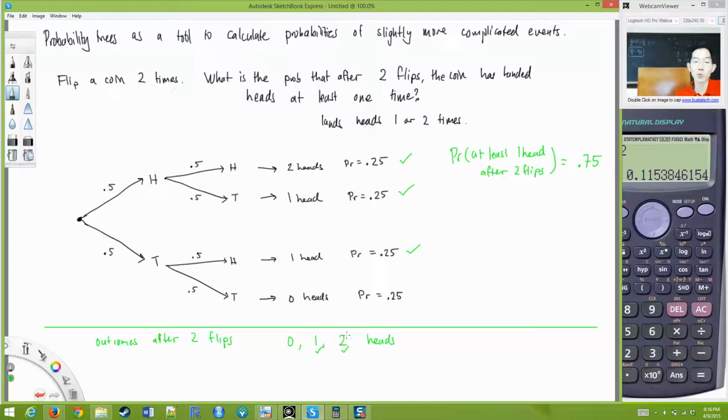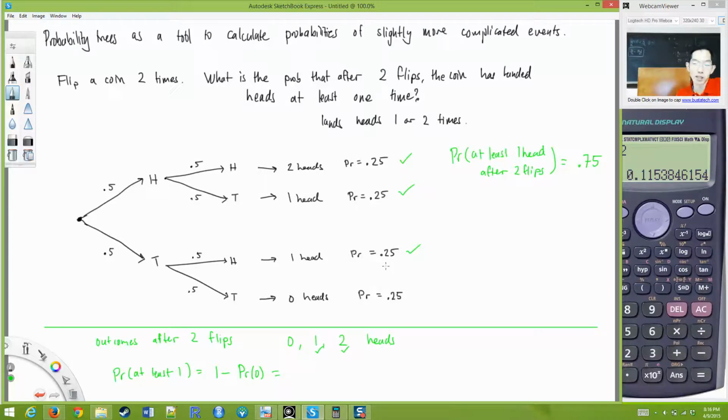And so at least one head is the complement of getting 0 heads. Can you guys see that? So complement means it didn't happen. So if I didn't get 0 heads, I've gotten at least 1 head. Okay? So the probability of at least 1 is equal to 1 minus the probability of getting 0 heads. Okay?